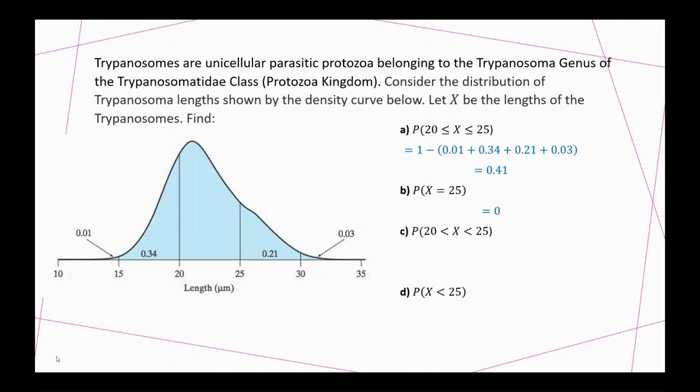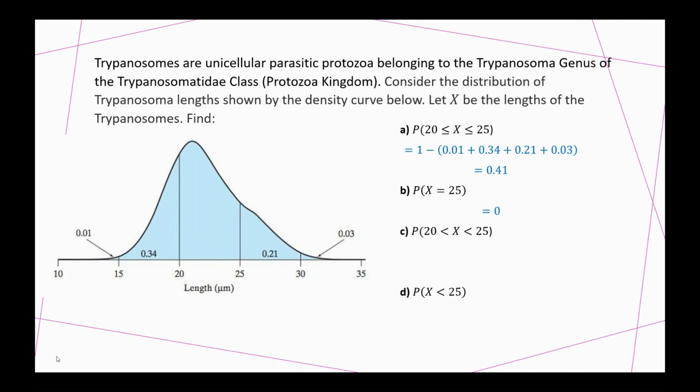But here's another way to think about this. Let's pretend the smallest of these protozoa ever seen was 10 micrometers, and the largest was, say, 35 micrometers.